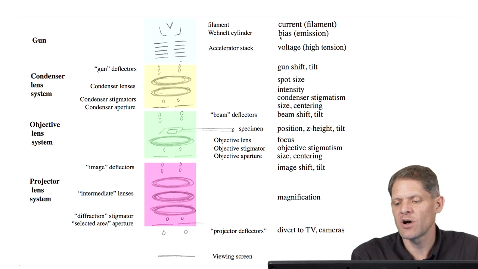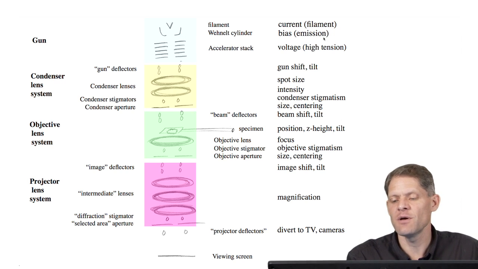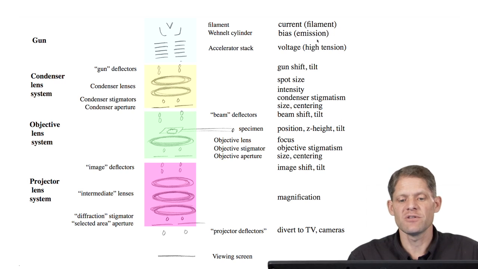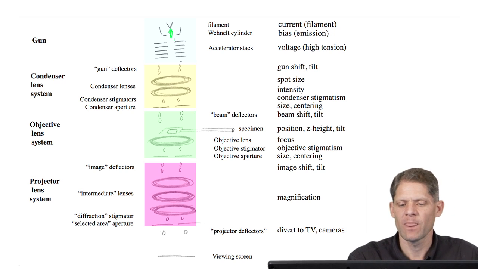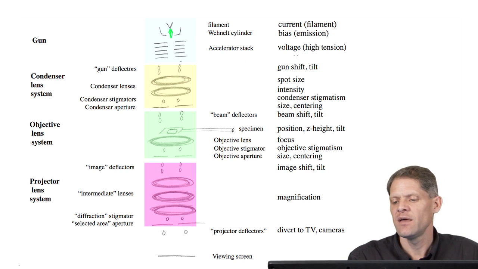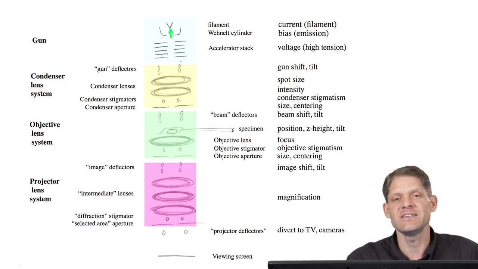And this is sometimes called bias, or sometimes it's called emission. And it controls generally what percent of the electrons that are coming out of this tip are passed through here towards the accelerator stack. Next, in the accelerator stack, you control the voltage drop across the stack, and this is often called the high tension.